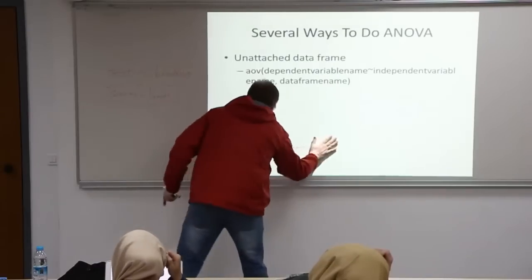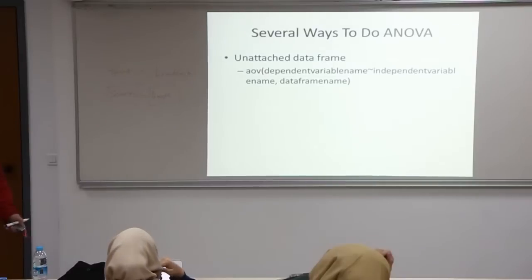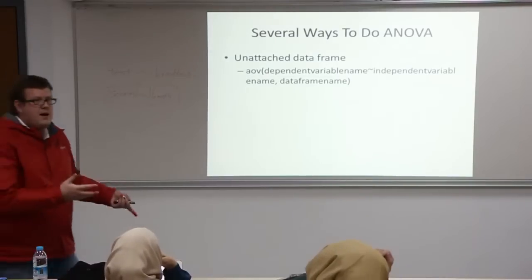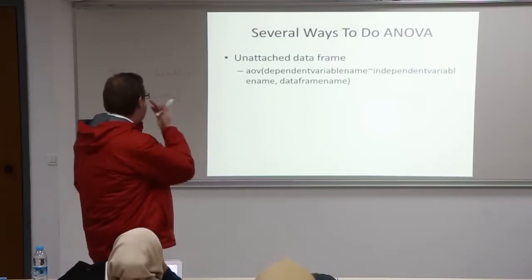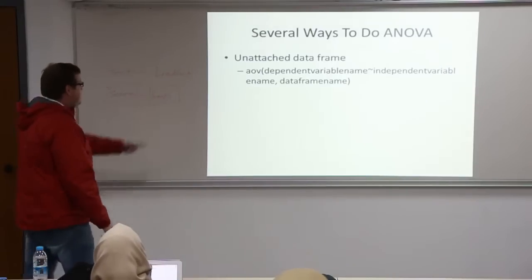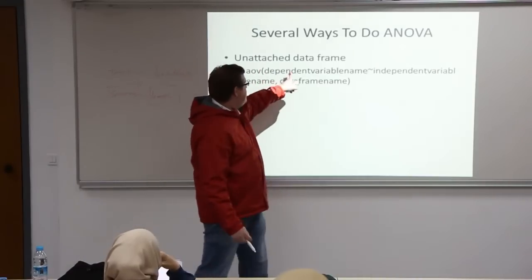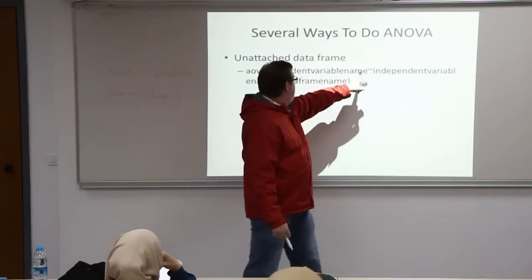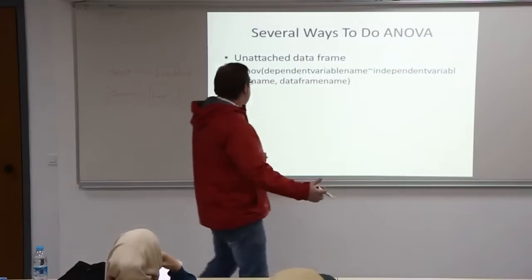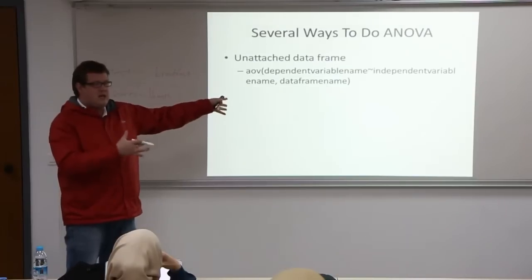Okay. So, there are a number of ways that we can do an ANOVA using those different methods of accessing data within the data frame. So if we don't have an attached data frame, we can do something like this. Analysis of variance, we're going to model our dependent variable name as a function of the independent variable name and tell it where those independent and dependent variables are.